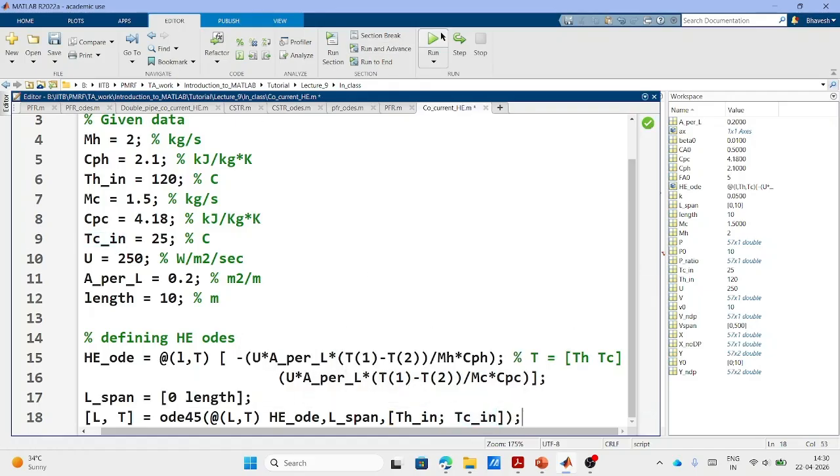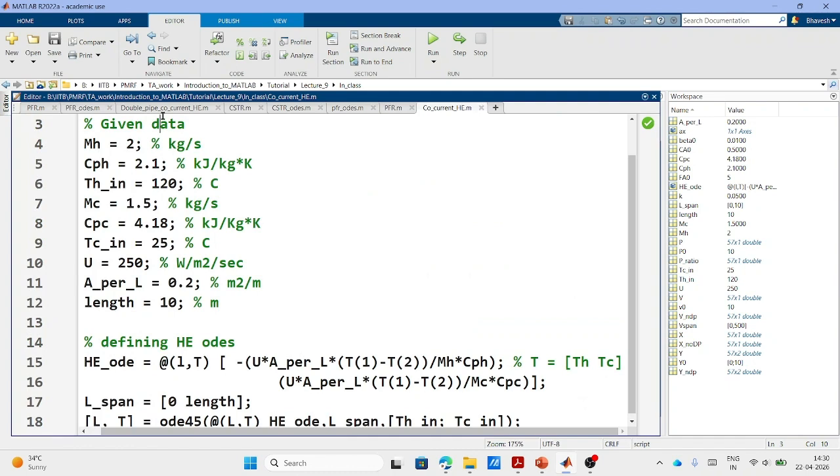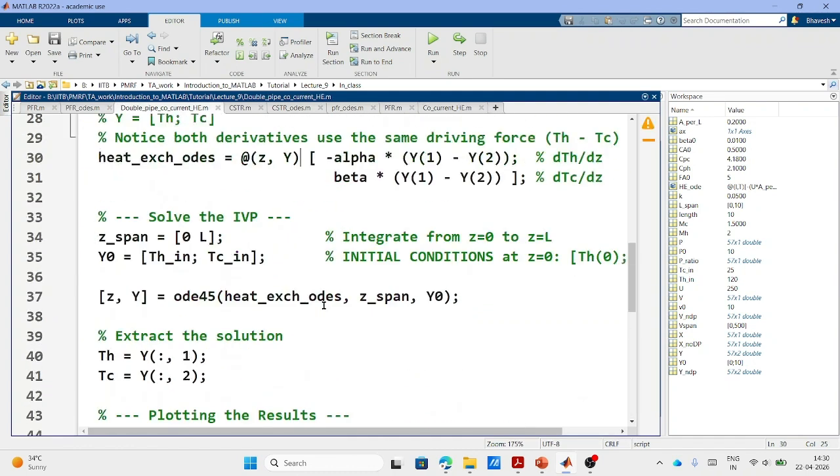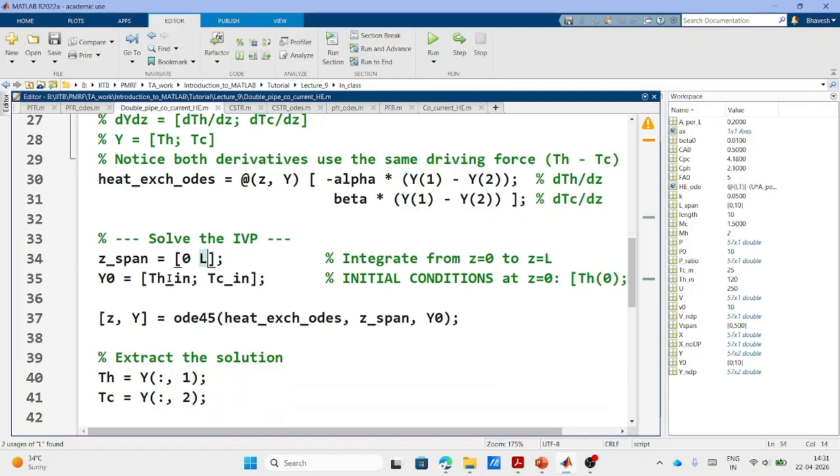Okay, now let's run and see whether we have got rid of the error. At the rate z comma y. I've written down the alpha beta into y1 y2. Z span is also given 0 to L. Y0 is also given.